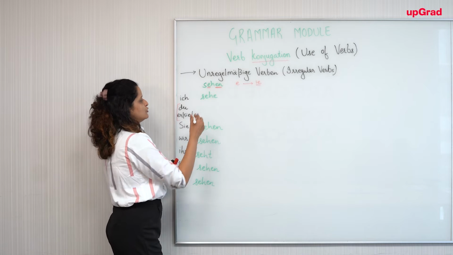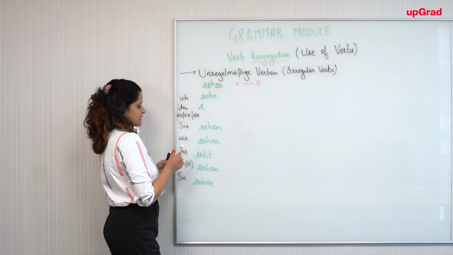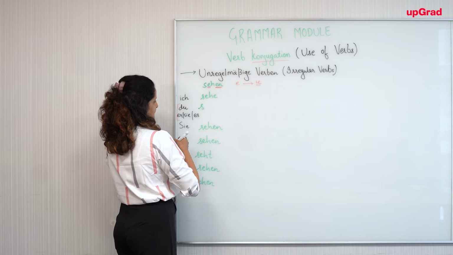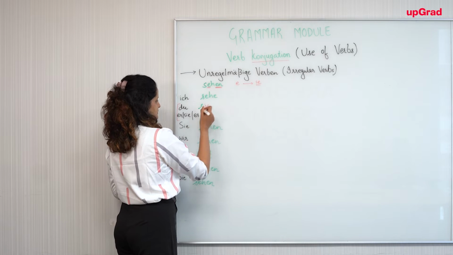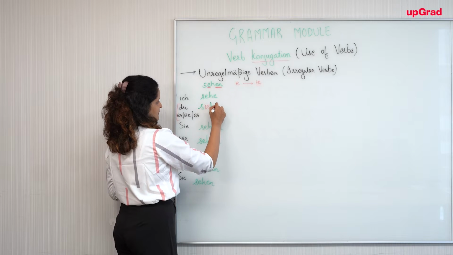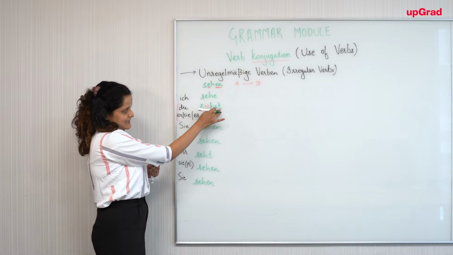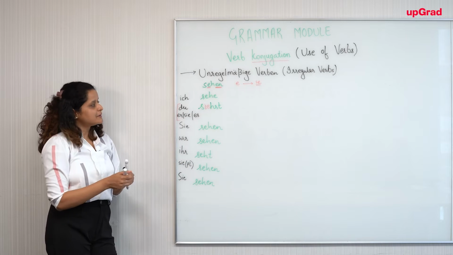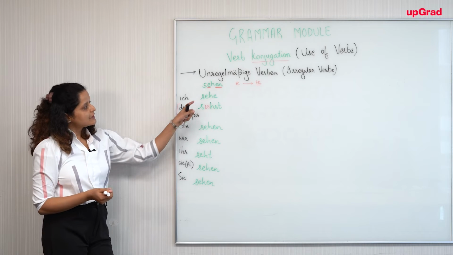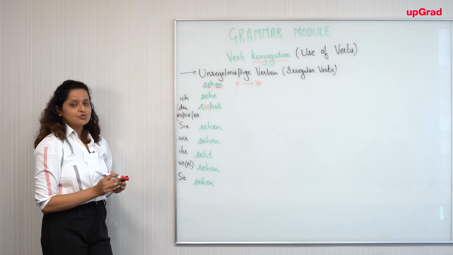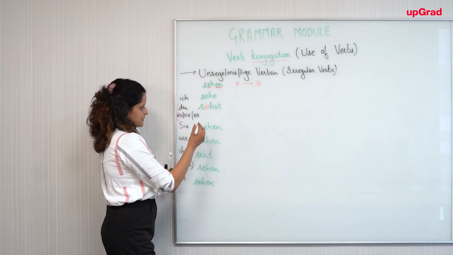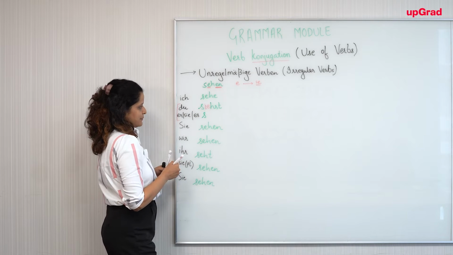So, du, the conjugation becomes siehst. That st ending is still added, but here the Stamm changes to sie. So, ich sehe, du siehst. Er/sie/es, that is for the third person, the same thing will happen.